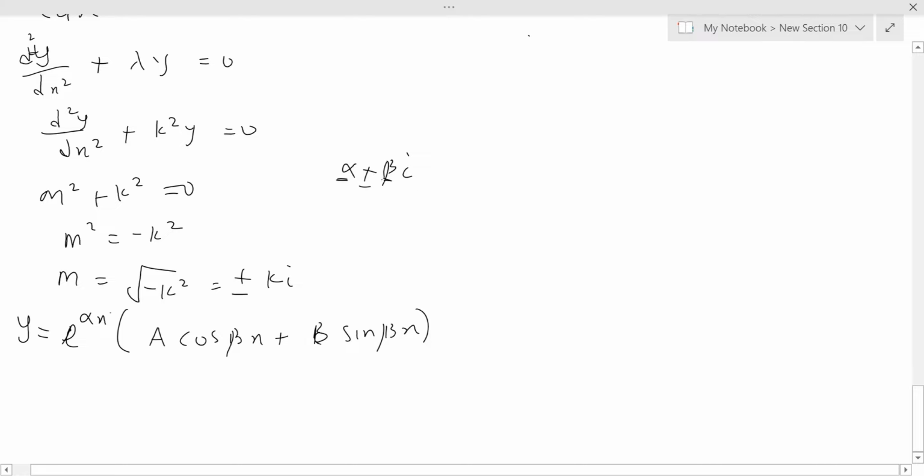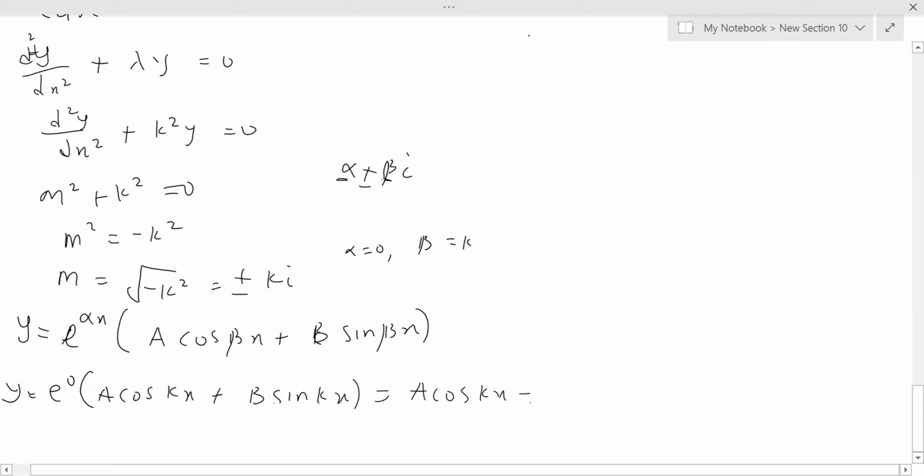If you look at the solution that we get, our alpha is 0, then the coefficient of the complex part is k, so beta is equal to k. Now you put e raised to the power of 0, then you write a cos kx plus b sine kx. Anything raised to the power of 0 is 1, so you have a cos kx plus b sine kx.